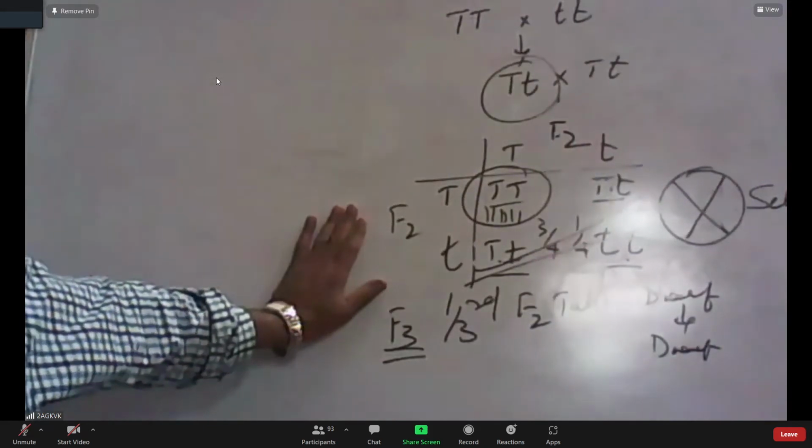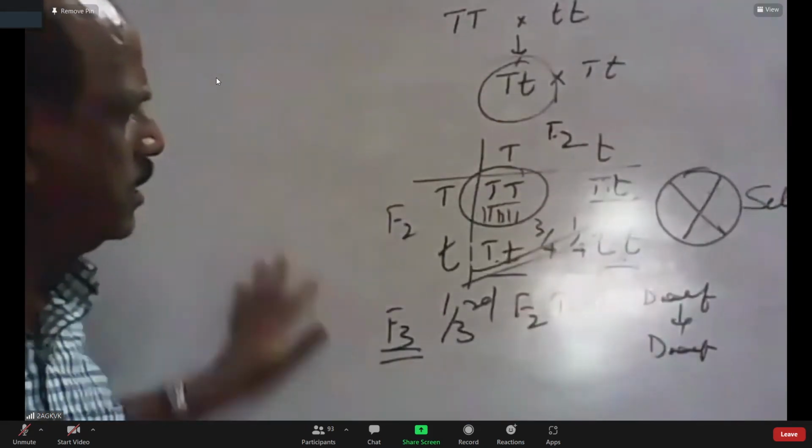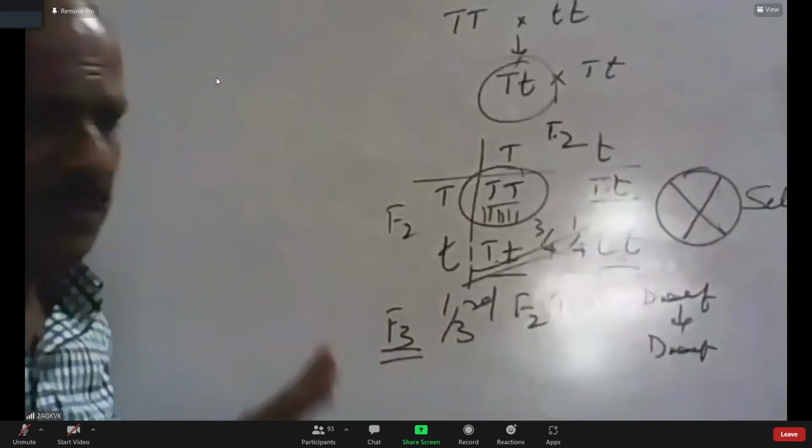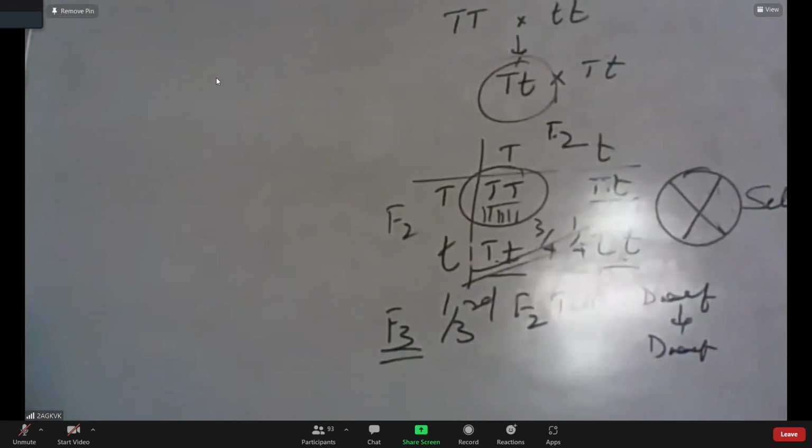Now, based on the results that he saw in this particular thing, he came out with a law or a rule. That is called the law of segregation. What is that law of segregation?